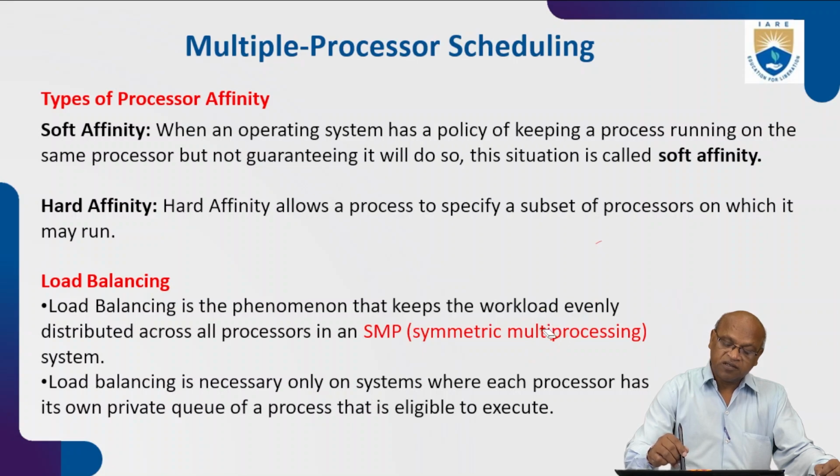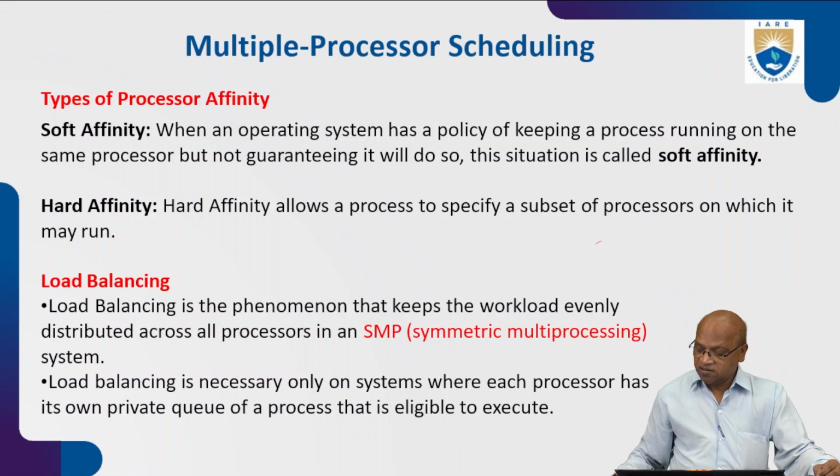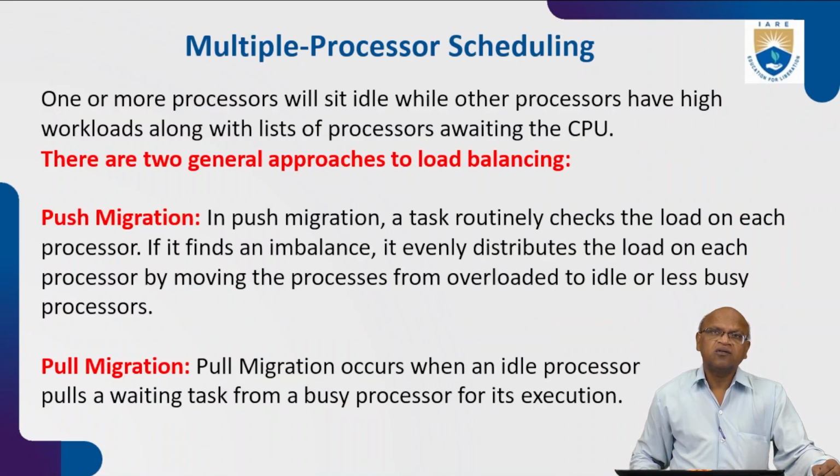The instructions will be distributed among the processors equally as per requirement. Otherwise, in multiprocessor scheduling, one or more processors will sit idle while other processors have a high workload, with a list of processes waiting in the queue.